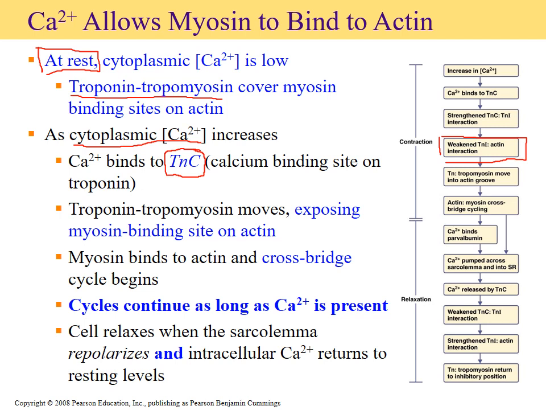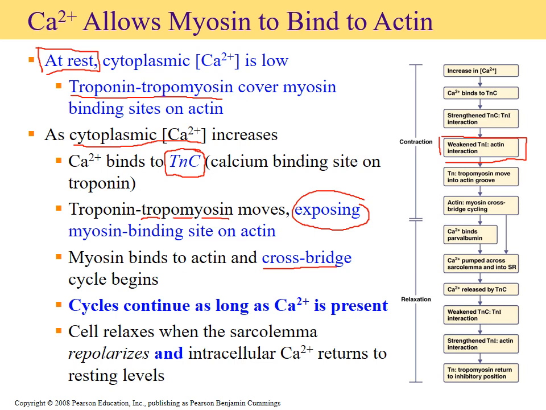We're also going to see that it's going to signal over to the TNT section, and the TNT section is the part that is able to bind to the tropomyosin, and that will cause the tropomyosin to slide out of the way, and as it's sliding out of the way, it's exposing the binding sites, now freely allowing the myosin head to bind to the actin, aka making your cross bridges. And this will continue as long as you have high levels of calcium.